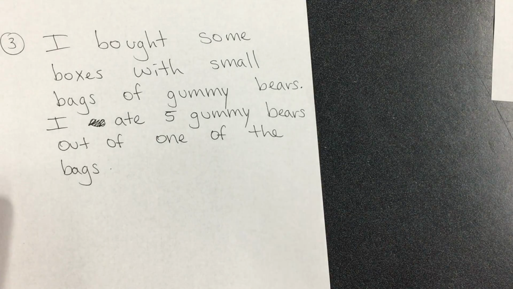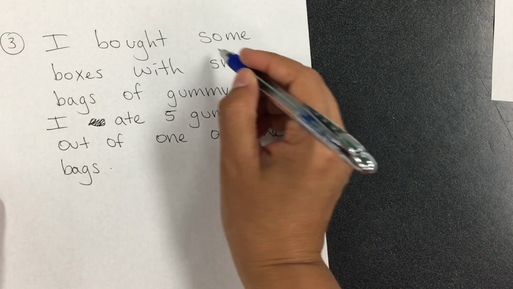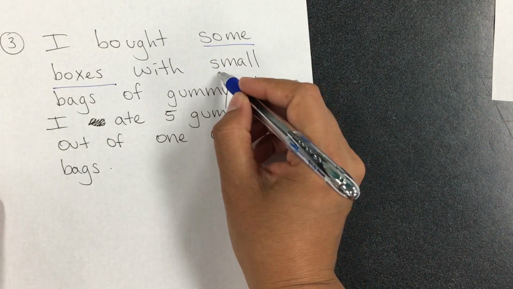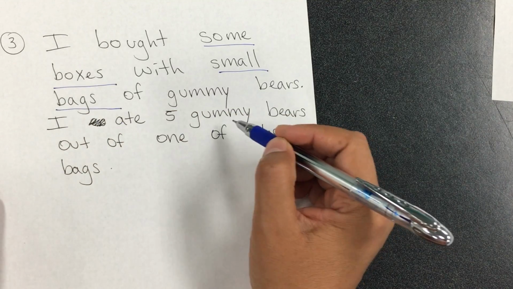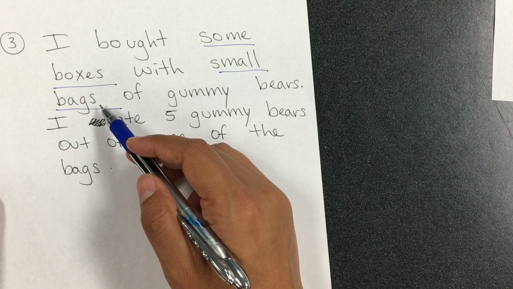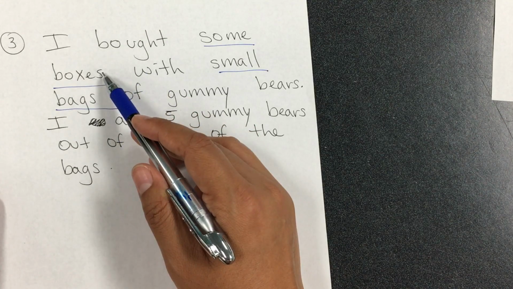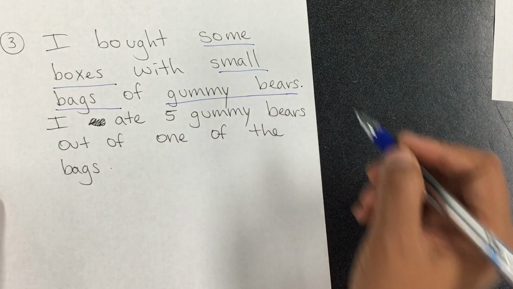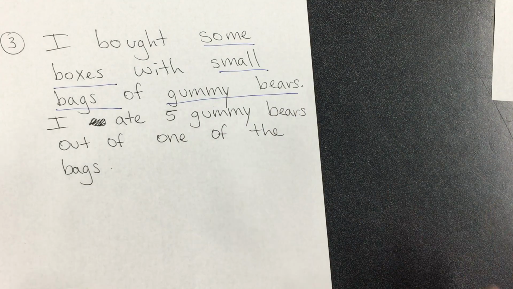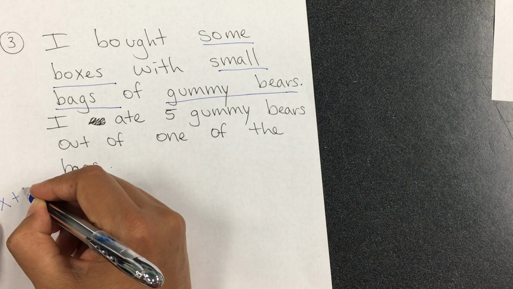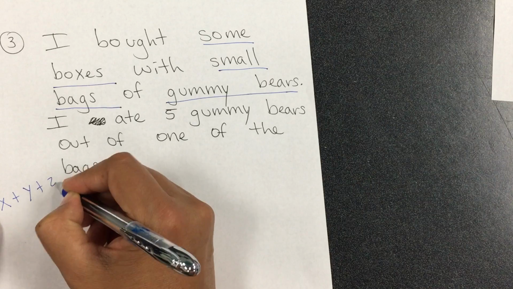Okay. I bought some boxes with small bags. So inside of the boxes there are small bags. We don't know how many boxes we're buying. Inside of the bags they have gummy bears. And so some people will put, oh, boxes plus bags plus gummy bears.